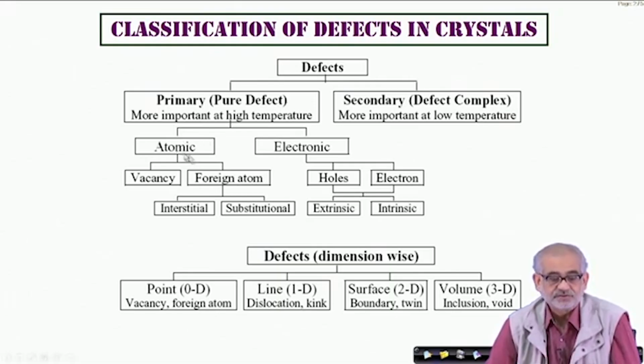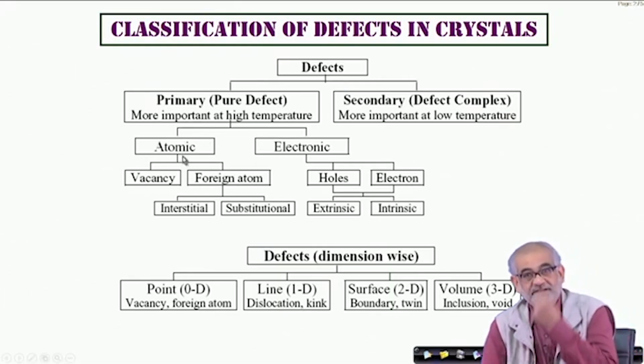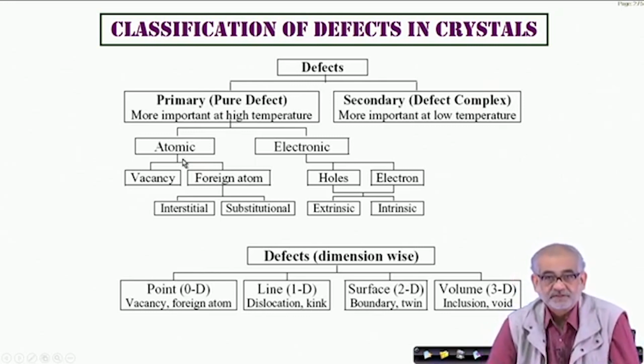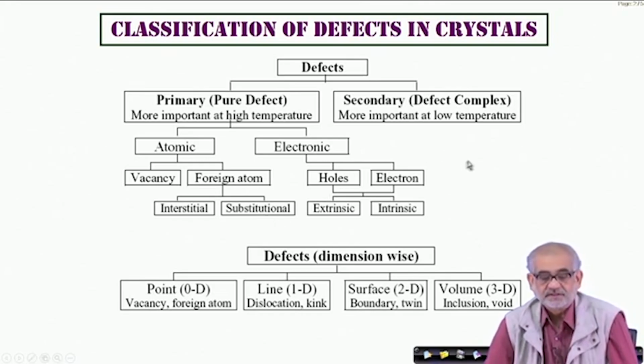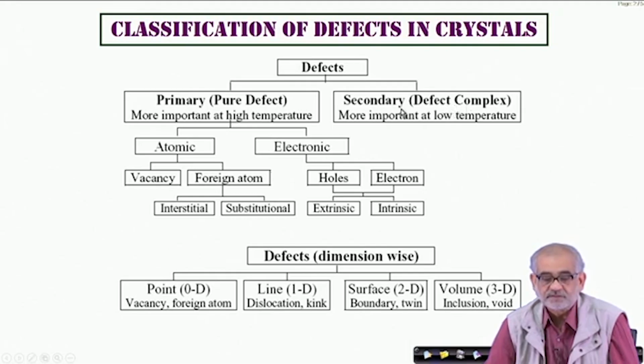For example, usually a vacancy will have some relation with an interstitial or a substitutional atom. Similarly, holes and electrons can make pairs. This kind of pairing gives rise to what is known as defect complexes, and they are called the secondary defects.